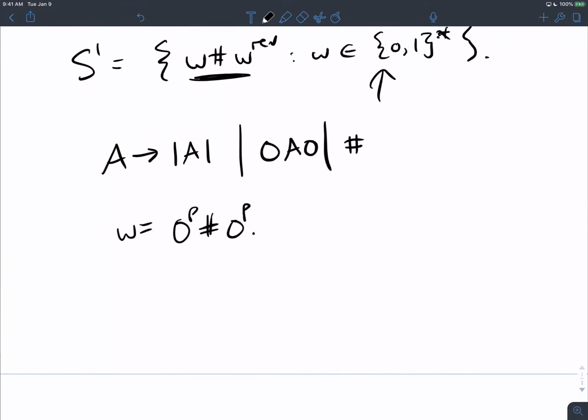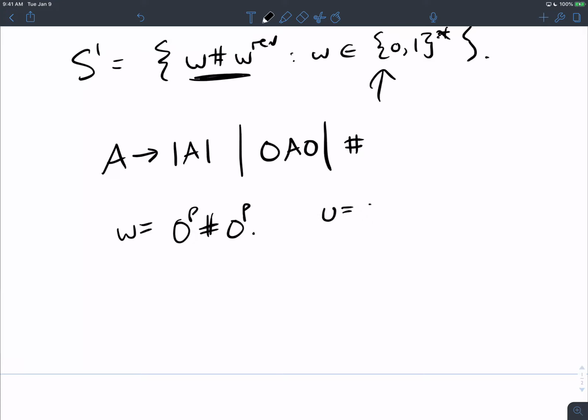So, can we find a decomposition of this string so that no matter how we pump, we stay in the language? Well, what can we do? If we somehow can pump one 0 on the left side of the pound sign and one 0 on the right side, and we're putting in an additional copy at the same time, then I'll still have the same number of zeros on both sides. So here's a decomposition.